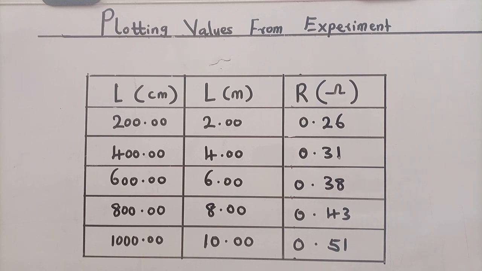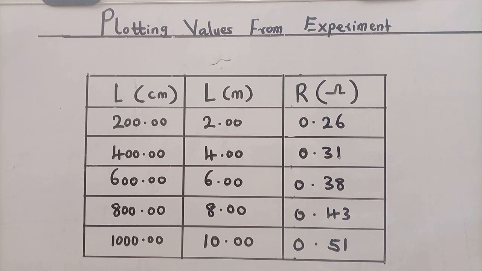He would like to know if this wire, whose values are summarized with this table, is to be used for a construction of a device, and that device will be manipulated by means of resistance. He would like to know the formula connecting the length and the resistance. The first thing he has to do is to check whether it is possible to derive a formula from this table straight away.